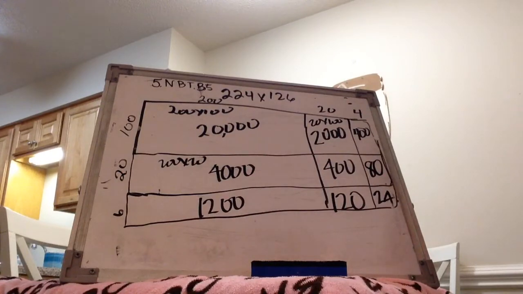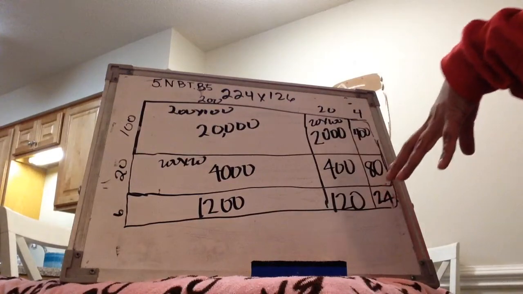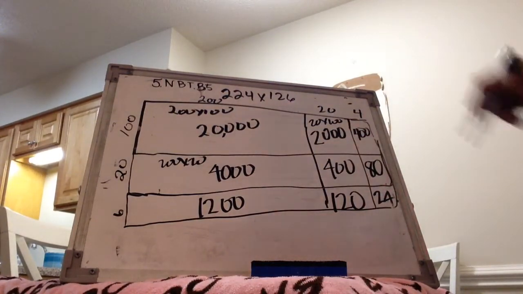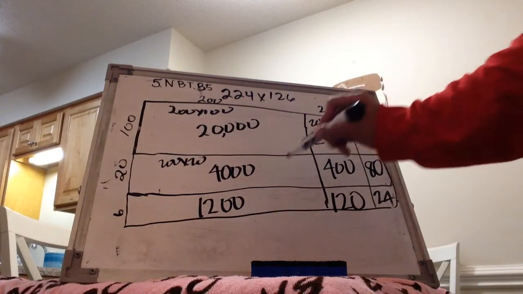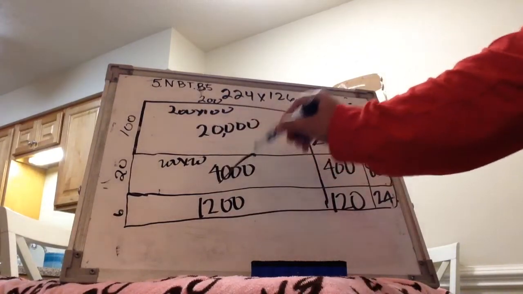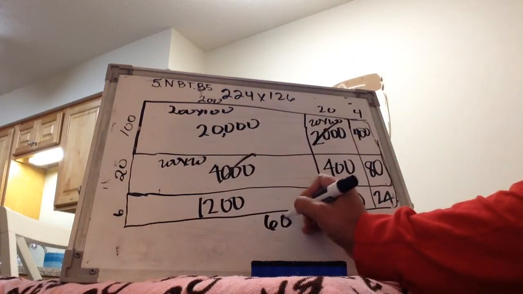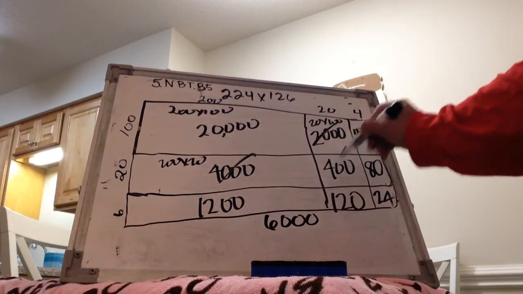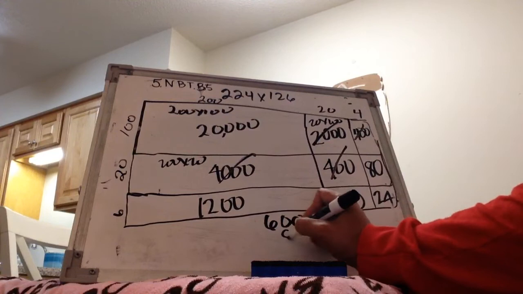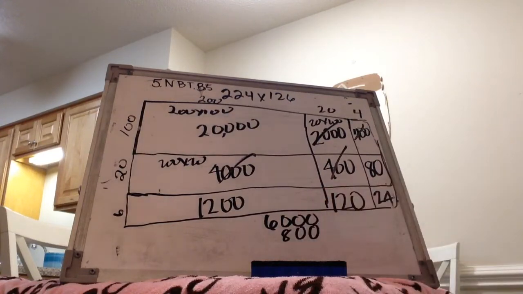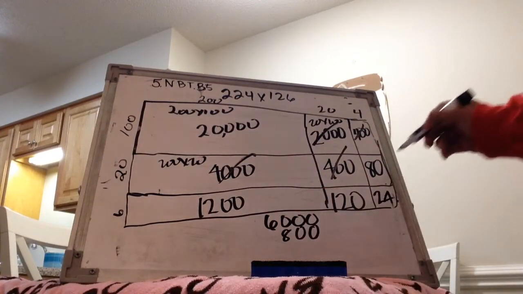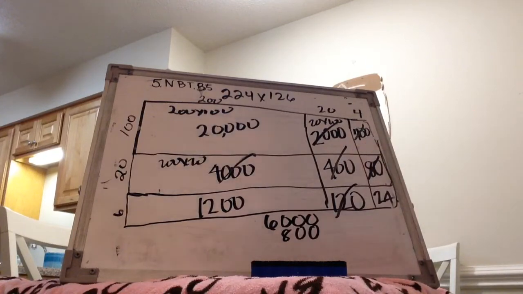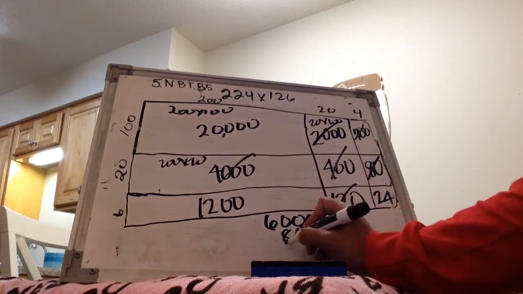So now I want to add up. So I can put this on my paper and add them all up, or I can start adding things that I notice. So right here, I know that 4,000 and 2,000 make 6,000. I know that 400 and 400 is 800. 80 plus 120, that makes 200.